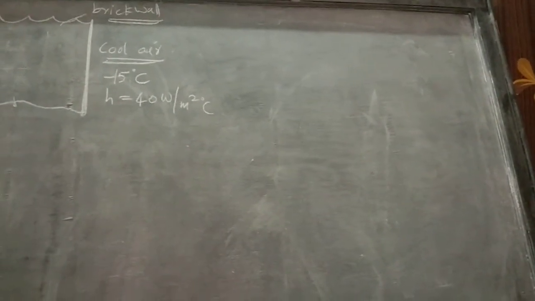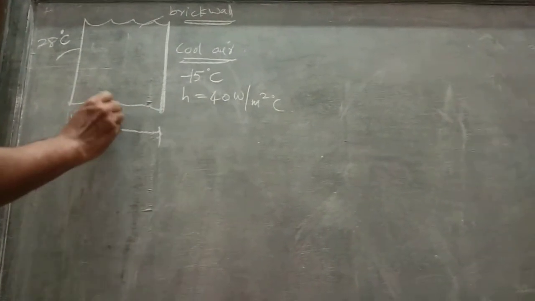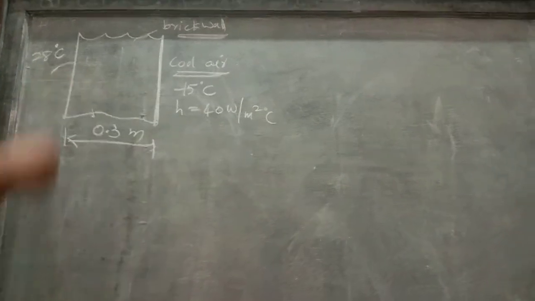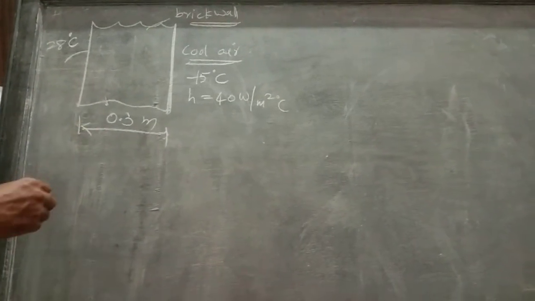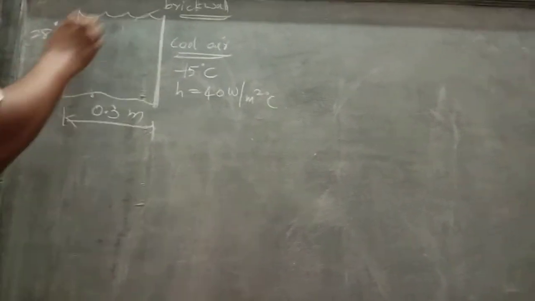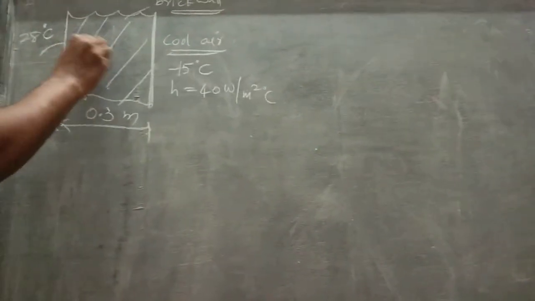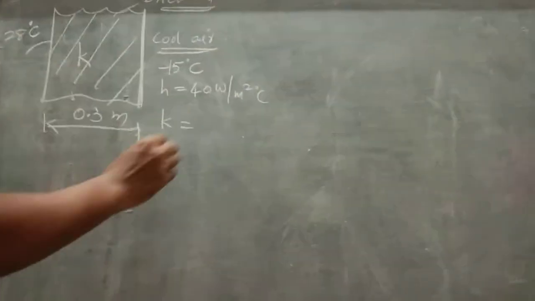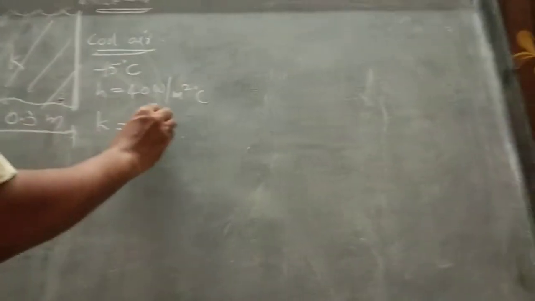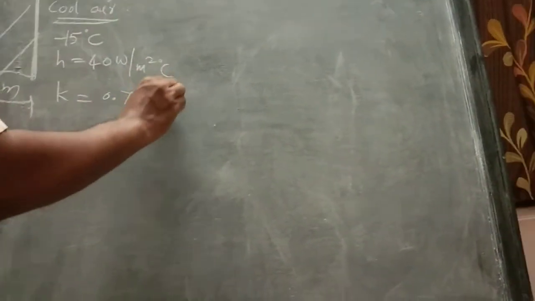Okay, and now the thickness of this brick wall is 0.3 meter, and the thermal conductivity of the brick wall material is 0.7 watt per meter degree Celsius.